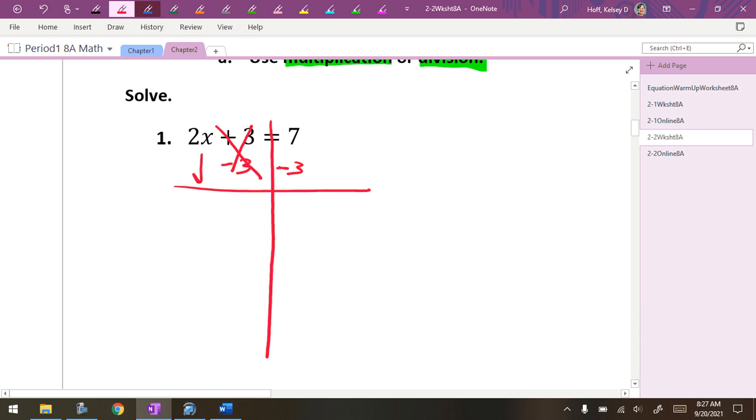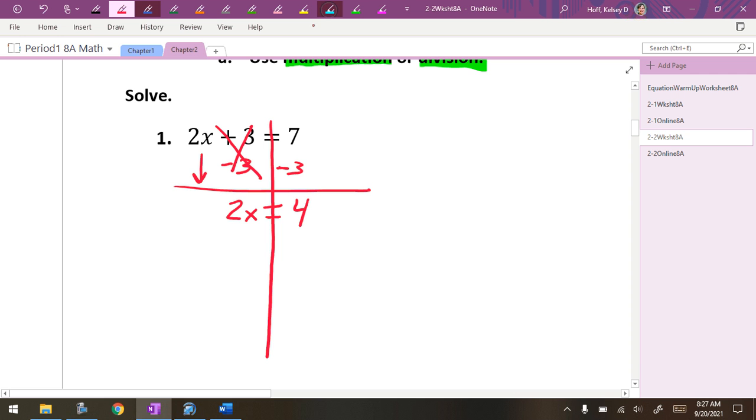Drag down your 2x. 7 minus 3 is 4. Okay. Now, the second step is we need to get rid of our coefficient.